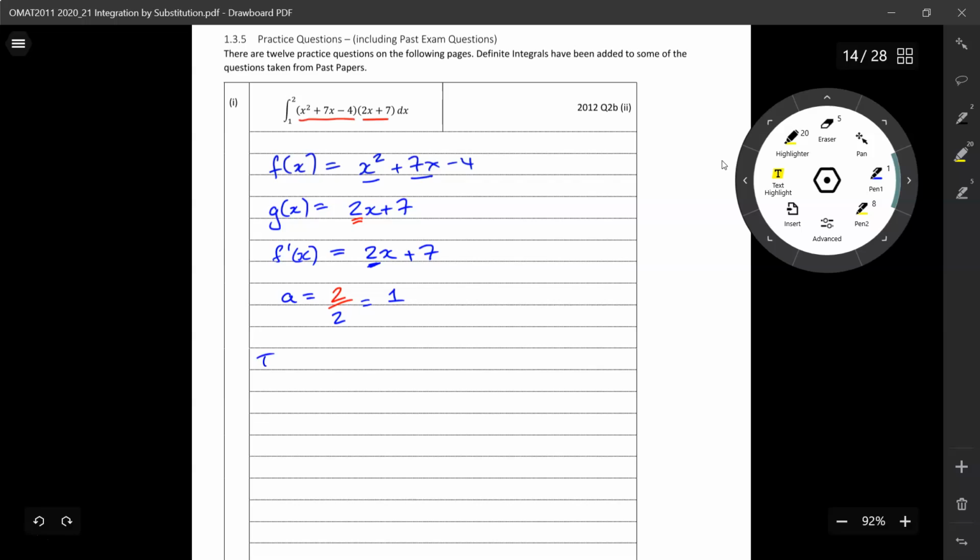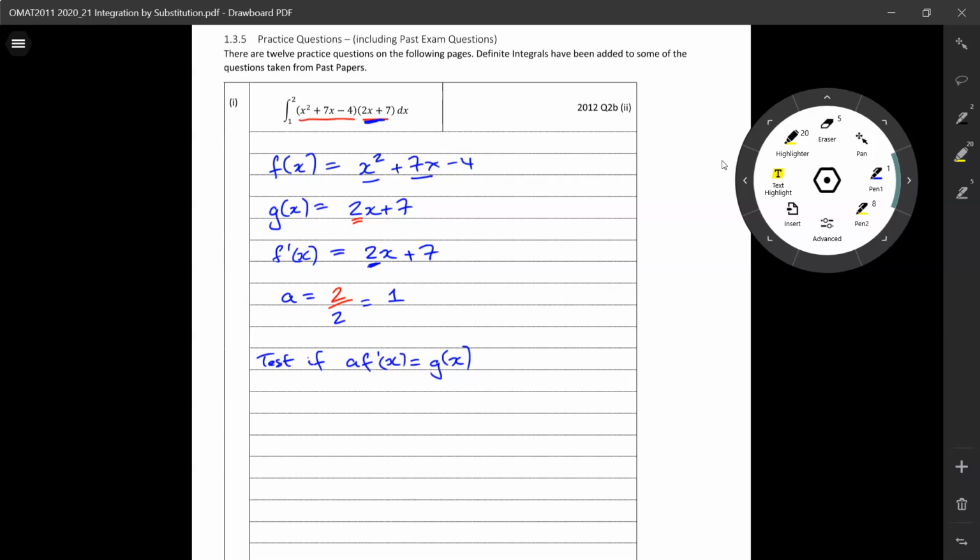But then we have to test, if we follow the procedure, if a times f prime of x is equal to g of x. So basically, is the first derivative of the bigger function a multiple of the second function g of x?